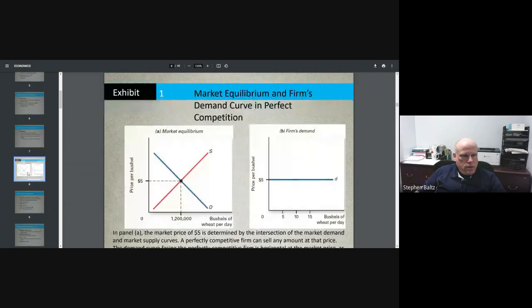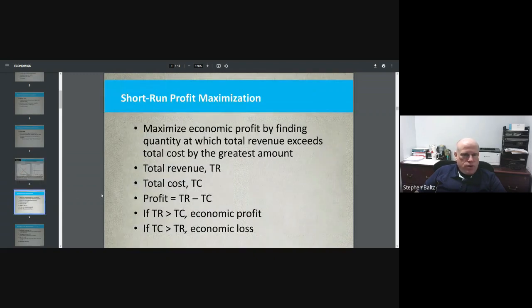And so this is what Exhibit 1 in your book and also on this PowerPoint presentation shows: what the market demand and supply is in perfect competition, how the market price is determined by the intersection of those two, and then what each individual firm's demand curve looks like. Again, it's a perfectly elastic demand curve at the market price. All right, so just make sure you understand that.